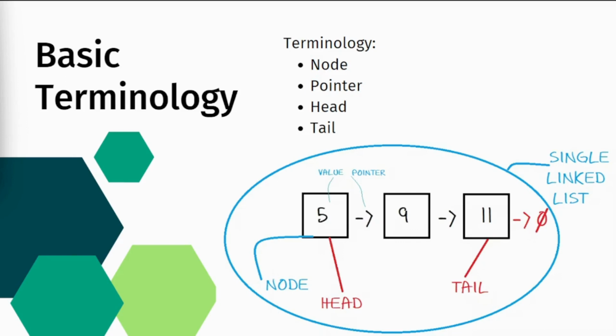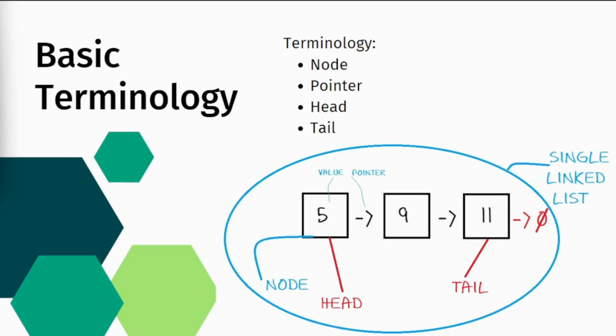Talking about all these terminologies: as we all know, the linked list is composed of nodes where each node contains data and a reference to the next node in the list. These references are known as the node pointers. The node pointers play a crucial role in maintaining the structure and integrity of the linked list.